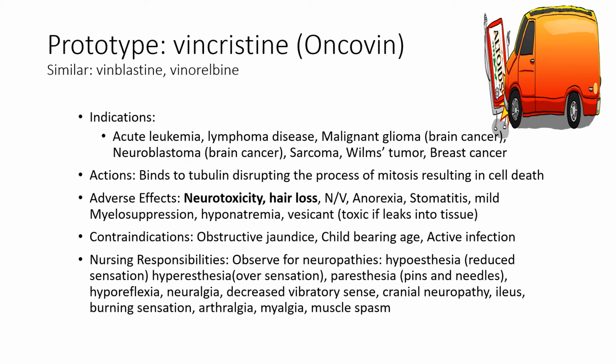So these would often be given with a PICC line or with a port that we'll talk about. But remember, it's the neurotoxicity. So that's one of the symptoms and signs that will often be checked for when being given this group of chemotherapy agents. Okay. The contraindications.